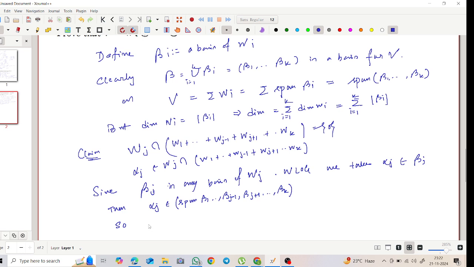So alpha j is linearly dependent on beta 1 to beta j minus 1, comma beta j plus 1 to beta k, right?